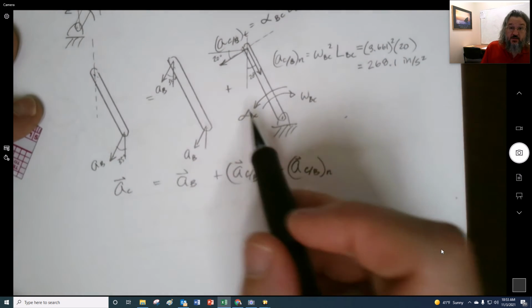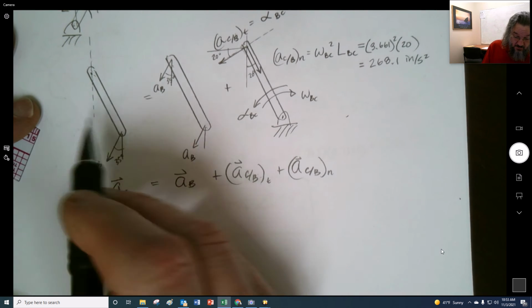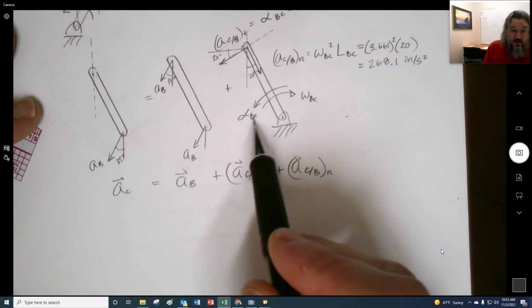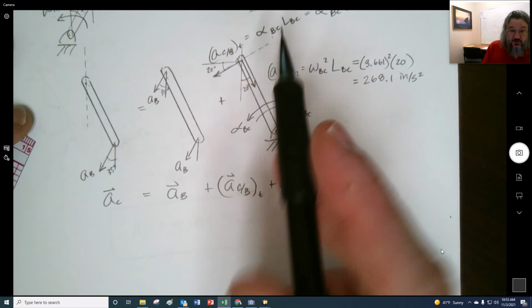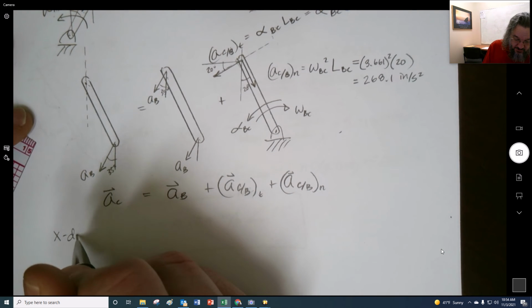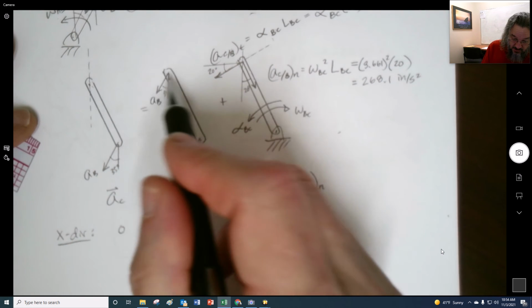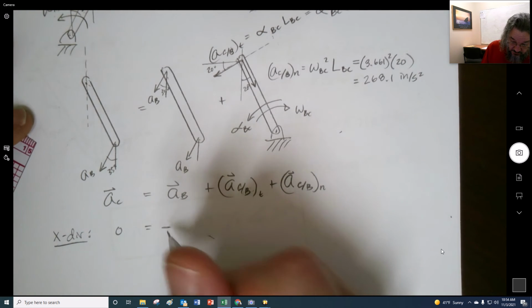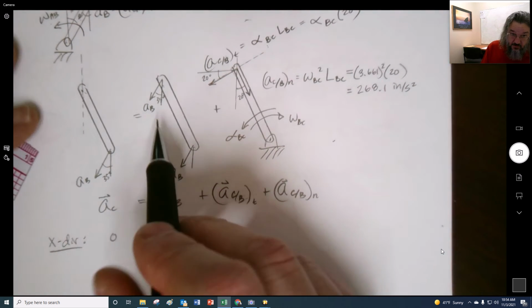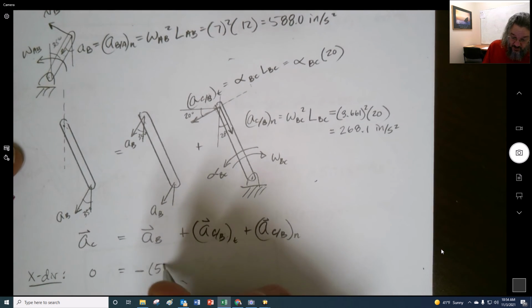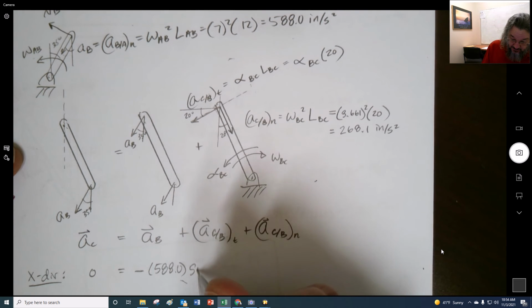All right. So the x direction is going to help us because it's going to be 0 right here, and that's our strategy. So in the x direction, take 0 is equal to, okay, so this is in the negative direction, and it is the acceleration of b, which we found up here, 588.0, but it's going to be the sine of 35 degrees.